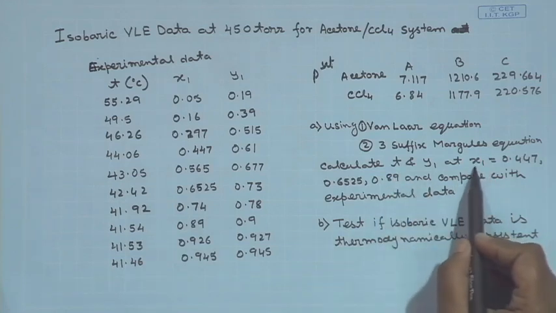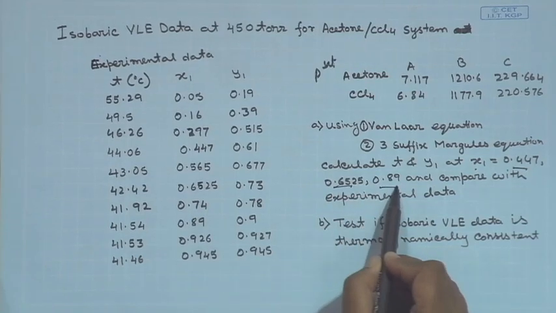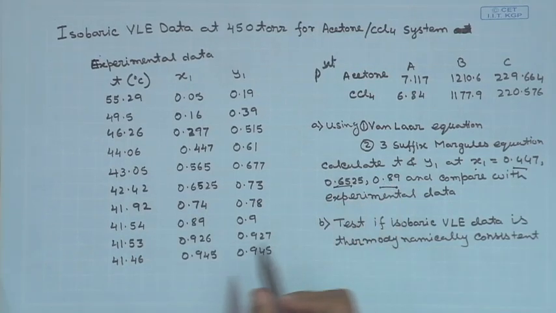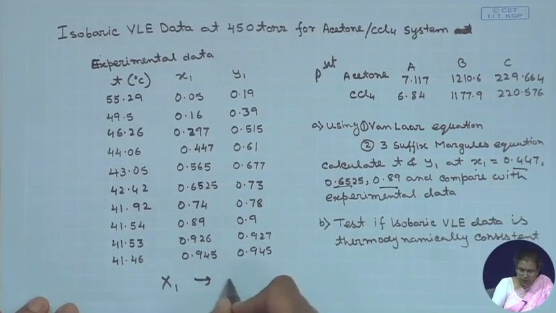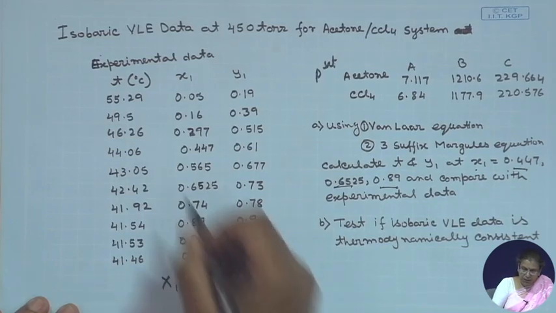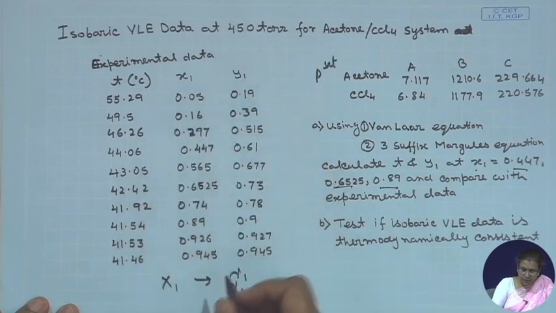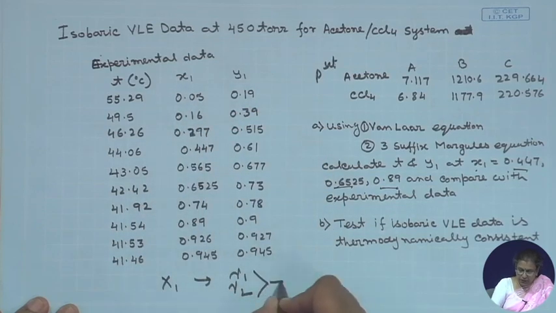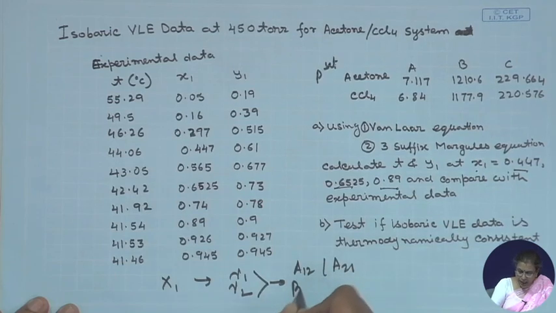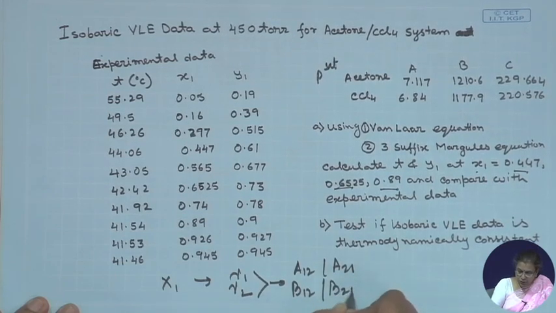As a result, when you know the x1 at these two values, you can find gamma 1. You have found gamma 1, gamma 2 using this particular data, and from these gamma 1, gamma 2 you can find A1 to A21. In the other case, you can find B1 to B21.